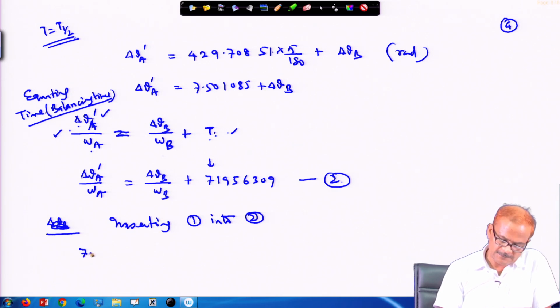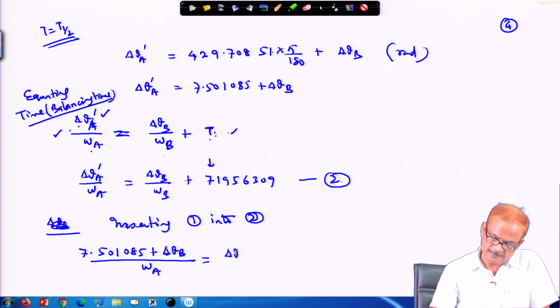So, if we insert, this becomes 7.501085 plus delta theta b by omega a, 71956,309.